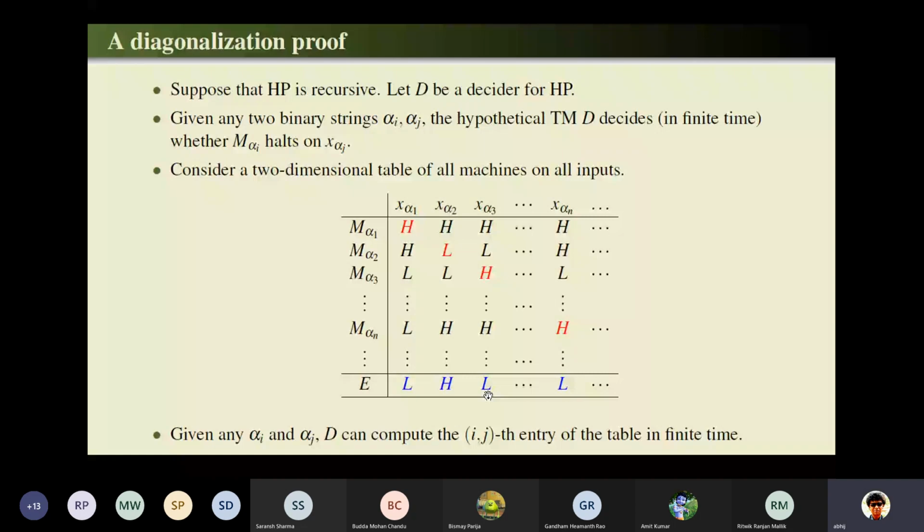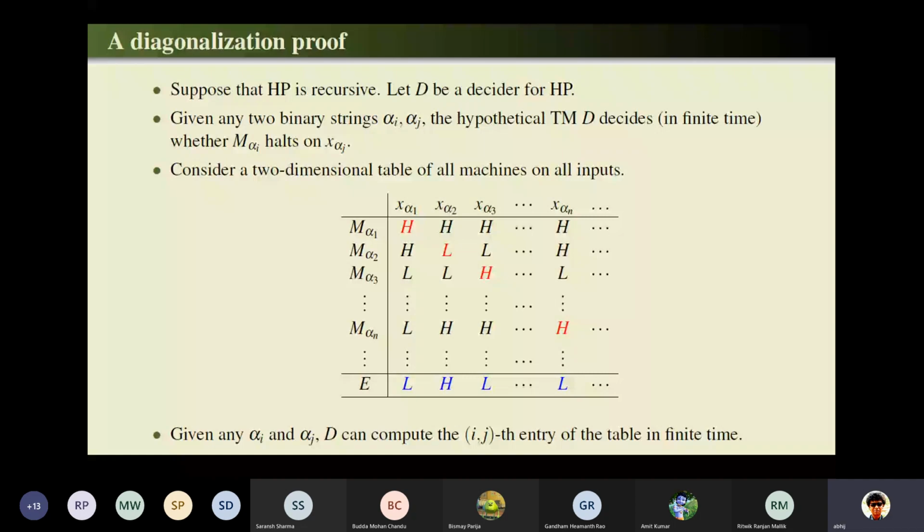And what I am going to do is design a Turing machine E which exhibits exactly this blue colored halting pattern on all inputs. And that will lead to a contradiction, as we will see.